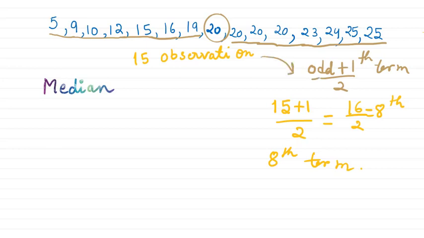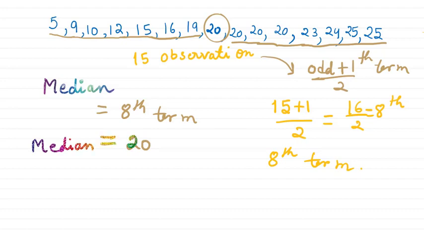Here the 8th term will be the median, and the 8th term is 20. So the median is 20. That's the answer.